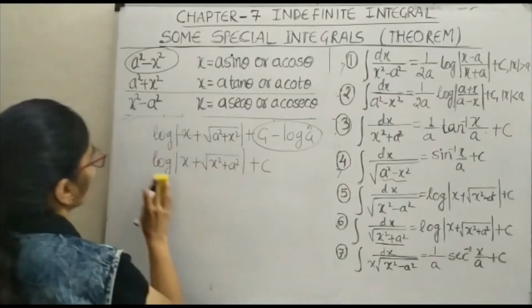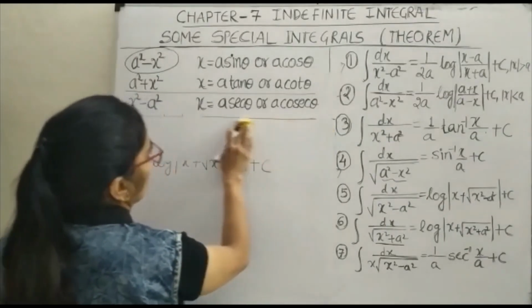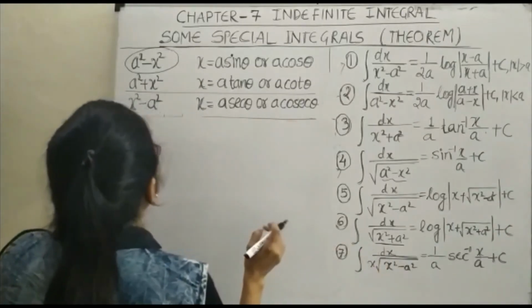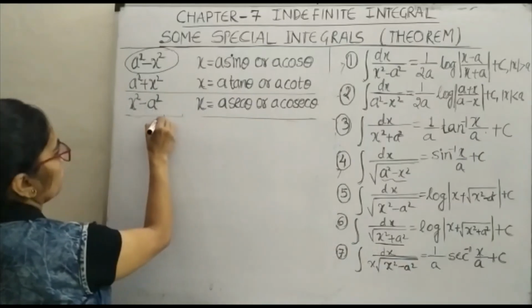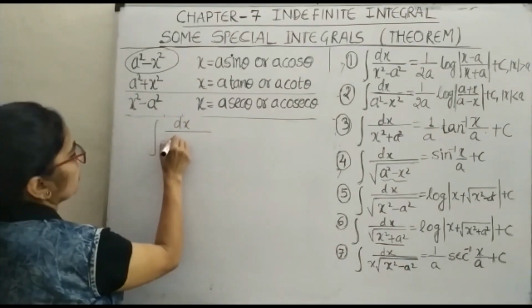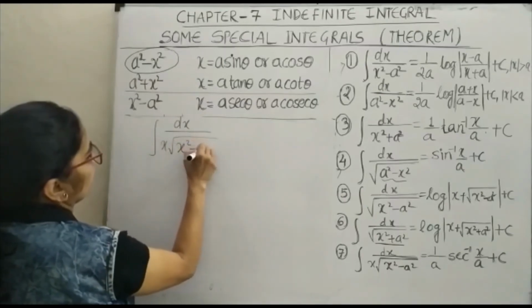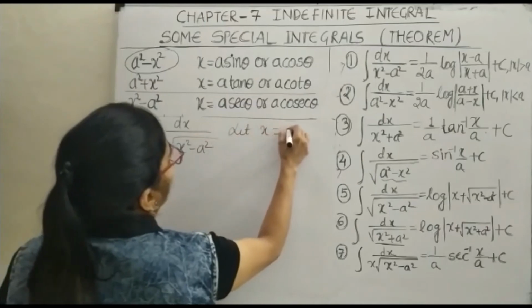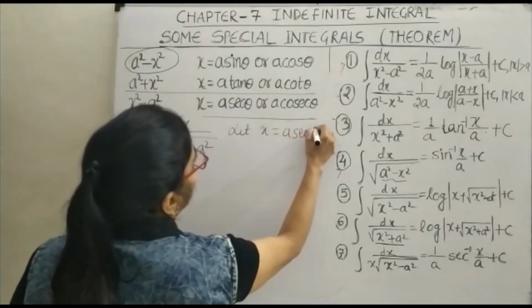Moving on to the last one. Once again we will be doing the same thing. It is x square minus a square. So dx upon x square minus a square. Let x is equal to a sec theta.